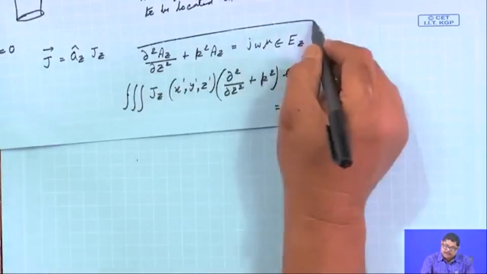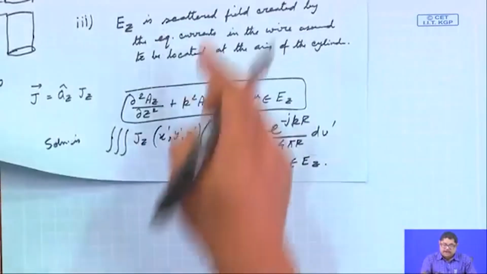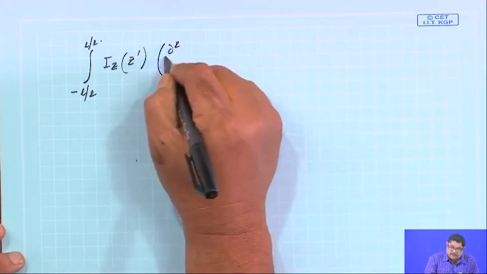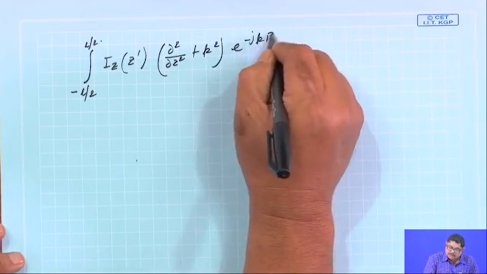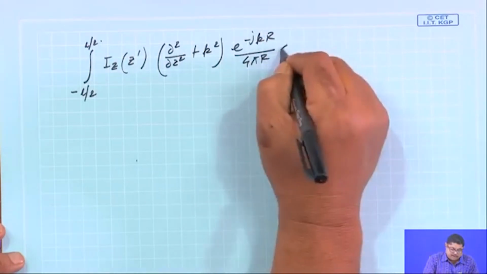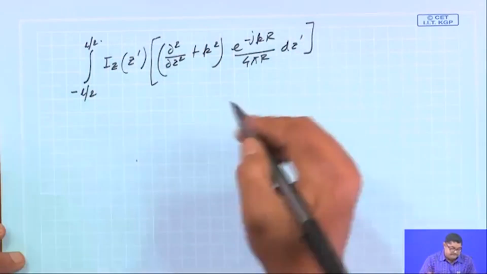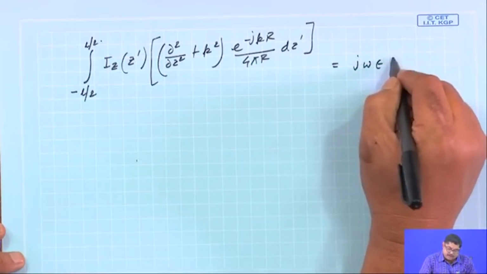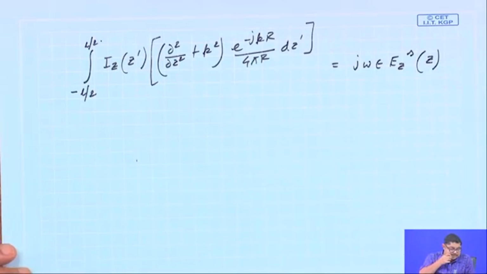This differential equation, its solution is this, and now specializing for all those assumptions, we can write that del square del z square plus k square, e to the power minus j k r by 4 pi r dz dashed, is equal to j omega epsilon E z s, with z variation.